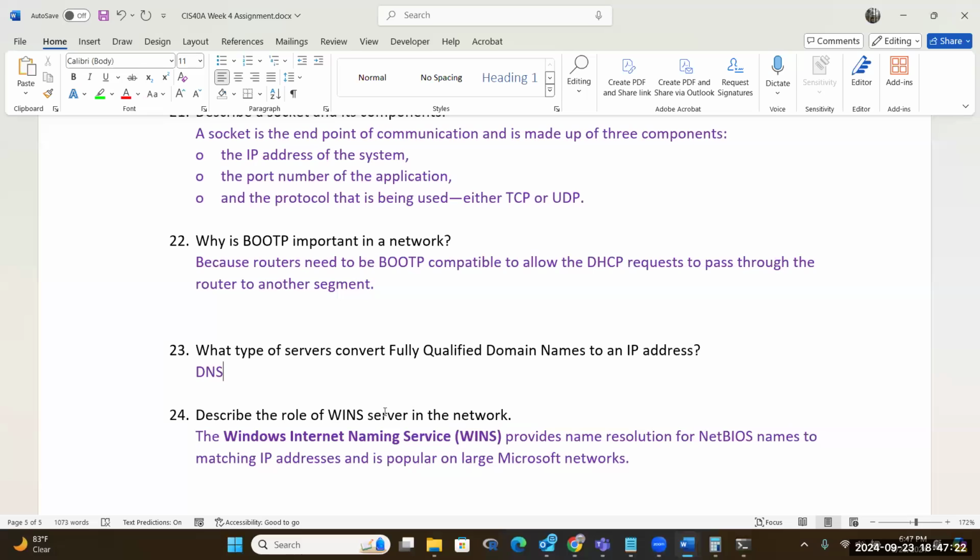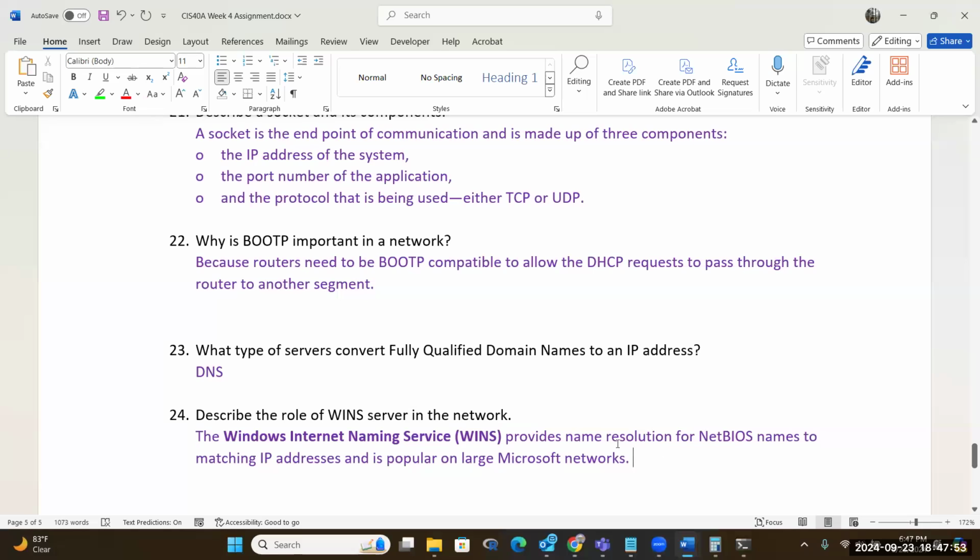Then when you install DNS, next time when we do the lab, you're also going to see a server role called WINS, which stands for Windows Internet Naming Service. This is used for old school legacy systems that only recognized names, because back in the day we networked systems by name instead of addresses.